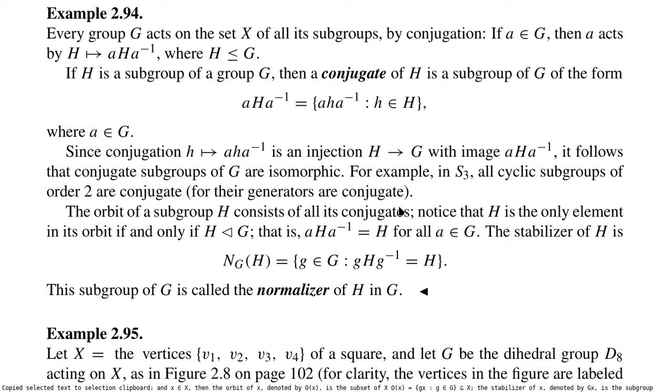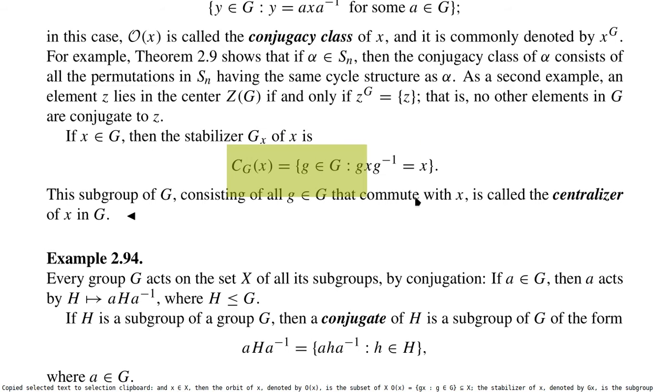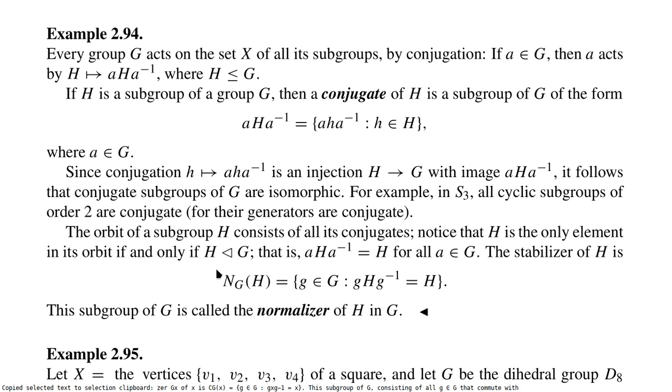That is, the conjugate of H is H itself. And the stabilizer of H is going to be just like the case here, except instead of taking a single element X, you take the whole subgroup H. So N_G(H) is equal to all the elements g in G such that the conjugate of H with respect to g gives you H back, and that's the normalizer. So centralizer, normalizer, hopefully making sense.